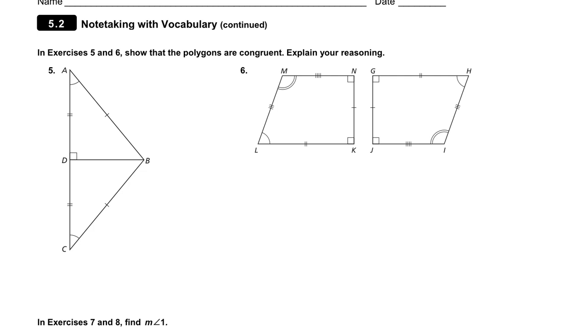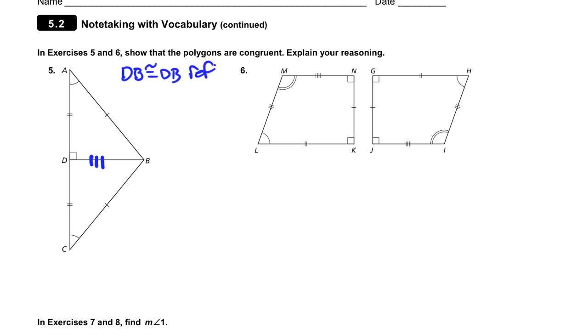All right, let's go to the next page. Show the polygons are congruent. So we have to do some explaining here. To show they're congruent, I want to show that the corresponding parts are all congruent. I know that through my reflexive property, DB is congruent to DB.